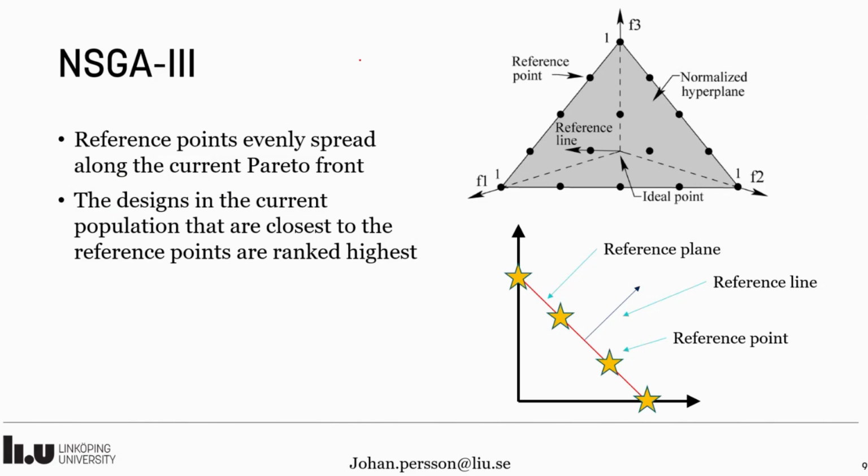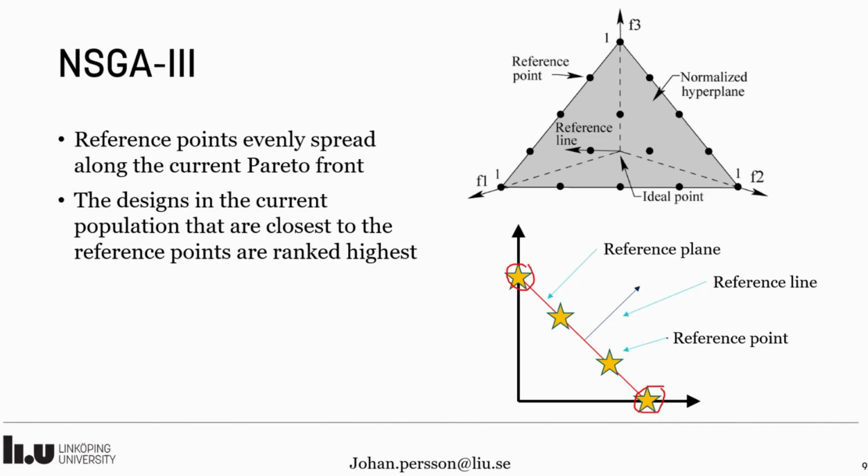Then Deb tried to improve the NSGA-II and launched a new version called NSGA-III. In this case, he tried to get an evenly spread by adding reference points evenly along the current Pareto front. So still, the designs at extreme points will be ranked the highest.